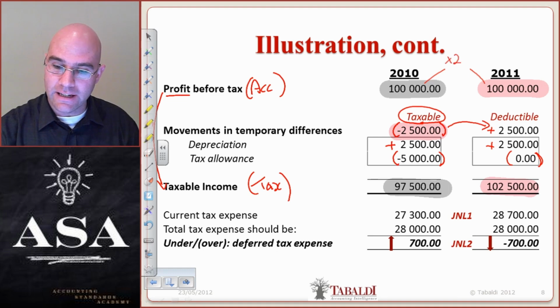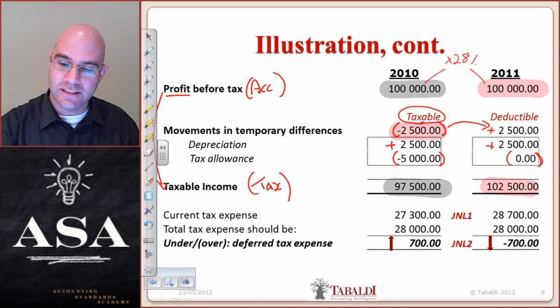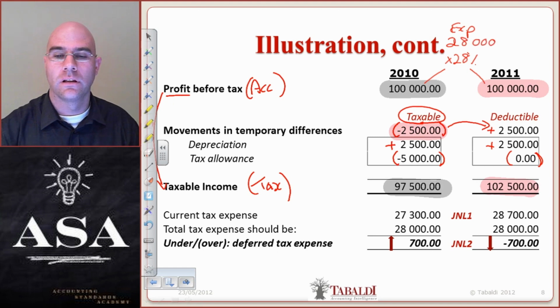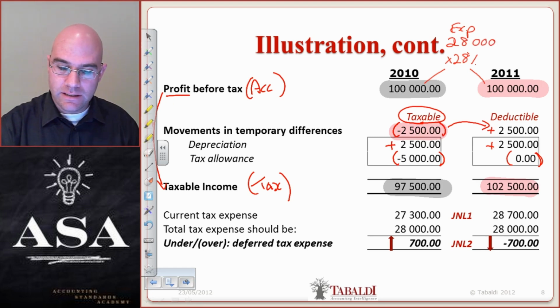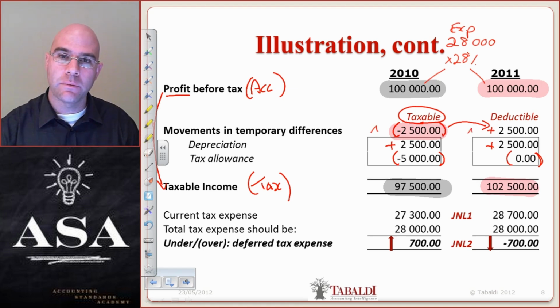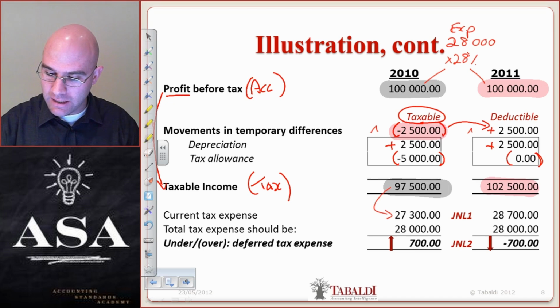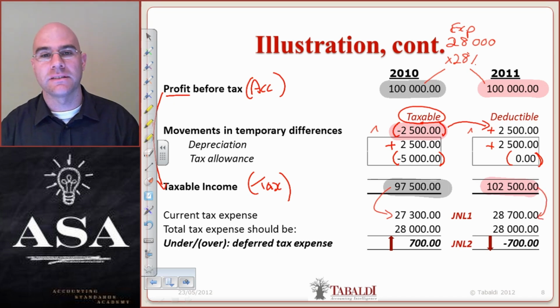So hypothetically, at a tax rate of, let's assume 28%, I would have a tax expense of 28,000. But because of these timing differences or temporary differences between accounting and tax profit and loss, I'm landing up with a tax expense in 2010 of 27,300 and in 2011 of 28,700.